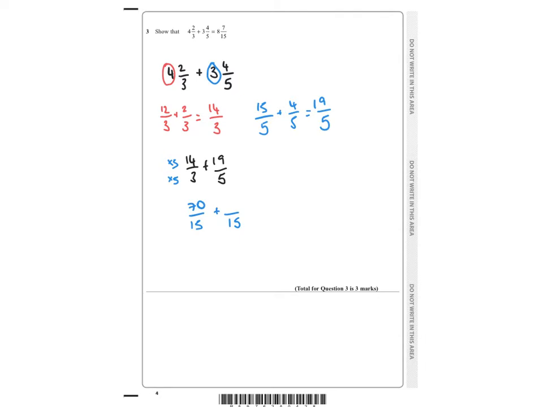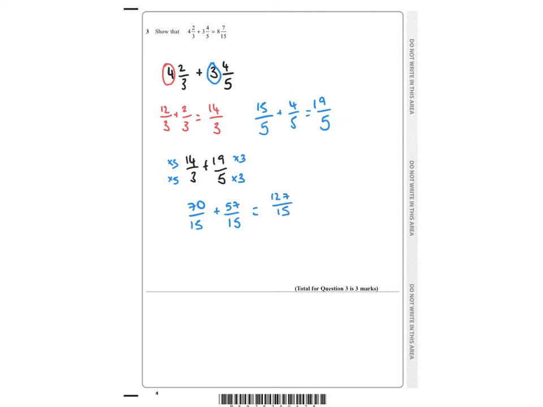Now it's the same for 19 over 5. I need to multiply my denominator by 3 to get over 15, so I need to do 19 multiplied by 3, which is 57. So now I'm going to get 70 over 15 plus 57 over 15. Again, my denominators are the same, so I can add my numerators to get 127 over 15.